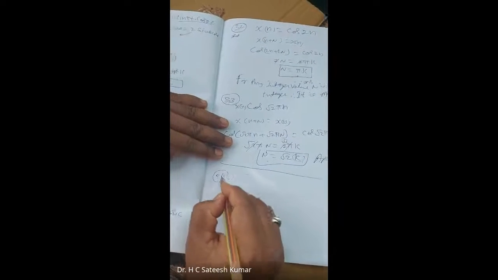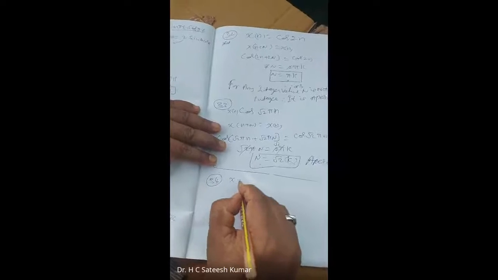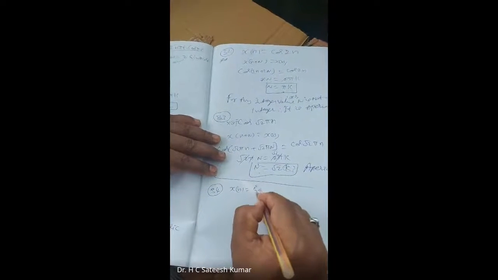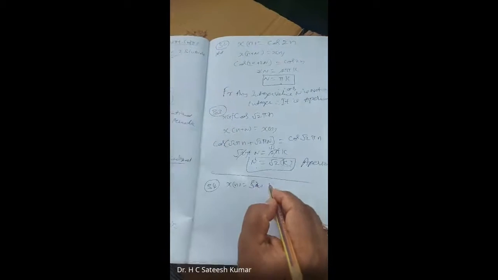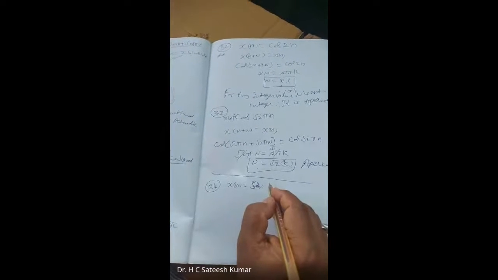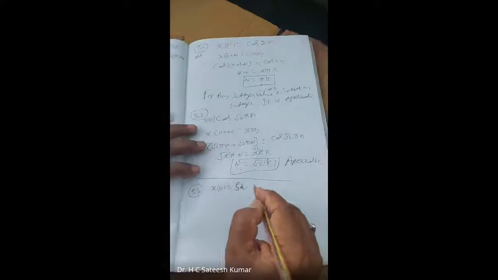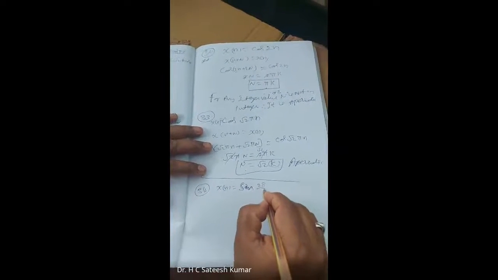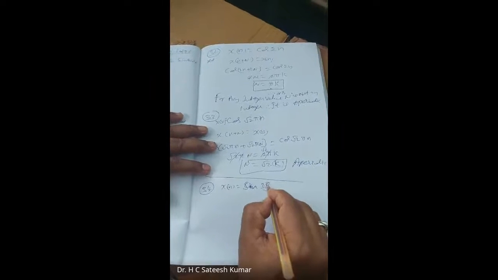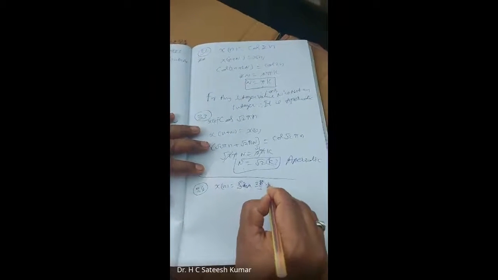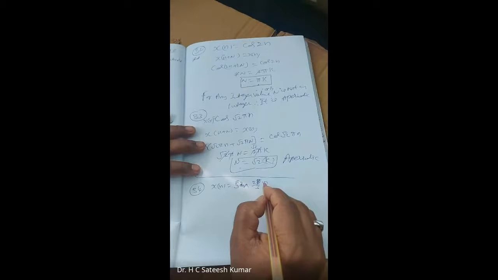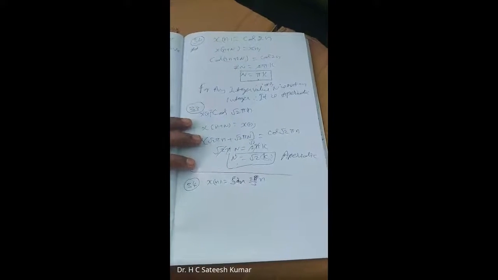Problem number 34. x of n is equal to sine of, let us say, sine of 2 pi by 3 n. One minute.